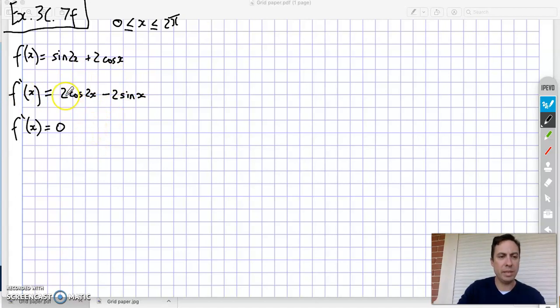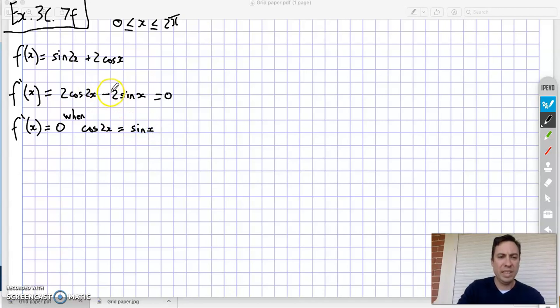And this has got to equal 0 here. So that I don't have to write out some working, I'm just going to say from the get-go here, the first derivative equals 0 when cos of 2x equals sine of x.